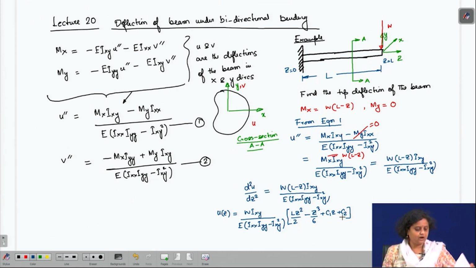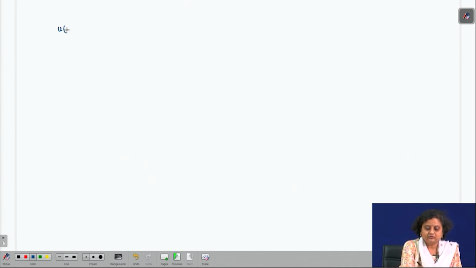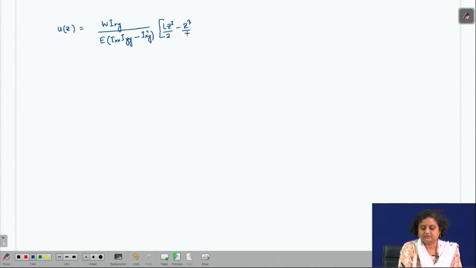C1 and C2 will be found from the boundary conditions. So, u dash z is W Ixy into L z square by 2 minus z cube by 6 plus C1 z plus C2.